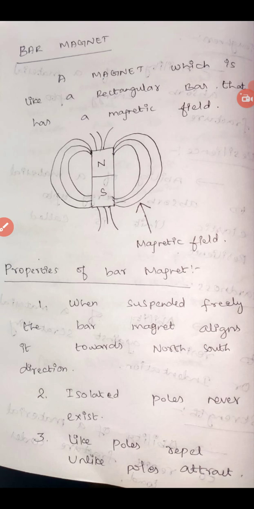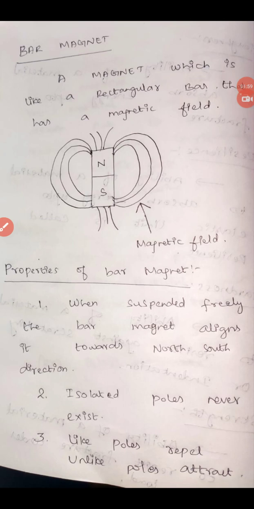And there are some loops getting out from the north pole and south pole; these are called magnetic lines of force. These magnetic lines of force create a magnetic field. So these are all the important concepts related to the bar magnet.